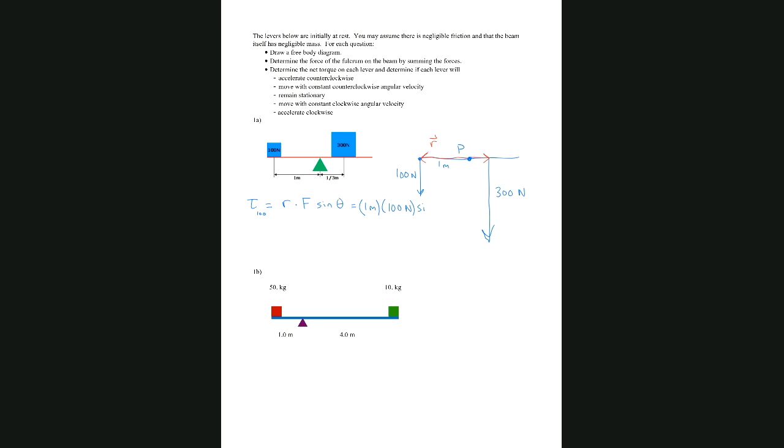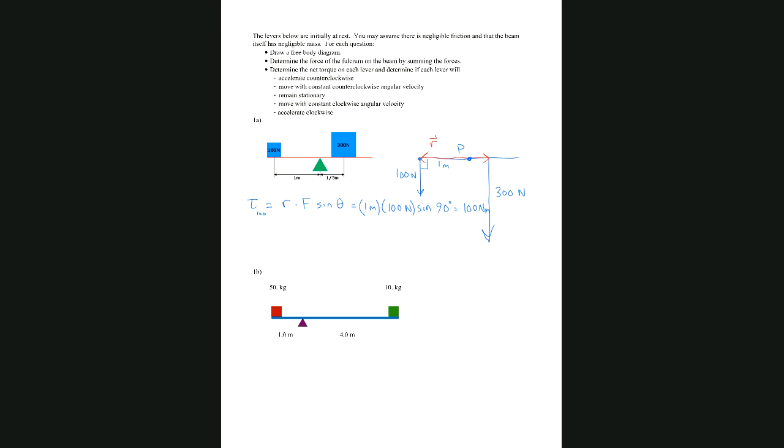And then we'll use sine of 90 because they are perpendicular. So we're actually going to get the maximum possible torque because those vectors are perpendicular. Okay, so that comes out to 100 Newton meters of torque.